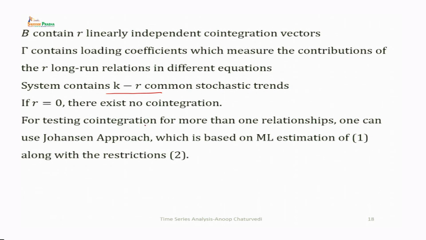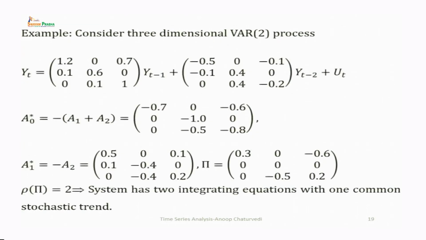For testing cointegration for more than one relationship, one can use Johansen's approach, which is based on ML estimation of 1 along with the restrictions given in equation 2. Of course, I am not going into the details of Johansen's approach here, but here I have considered an example.